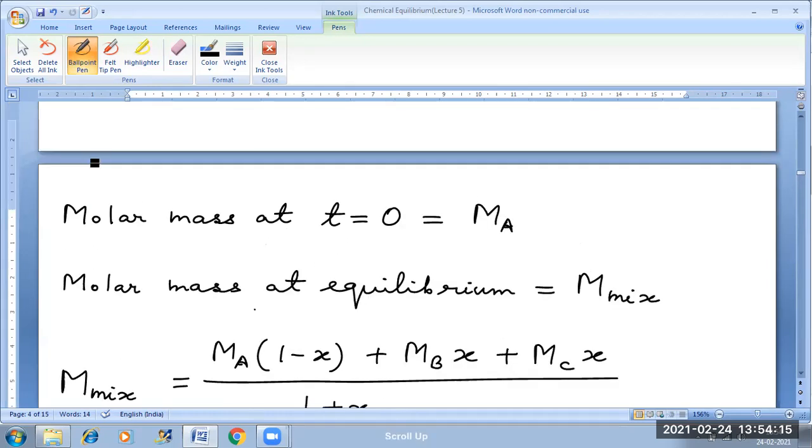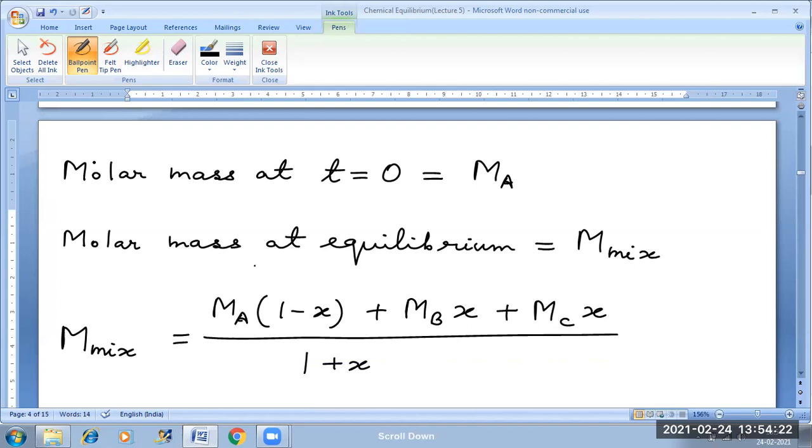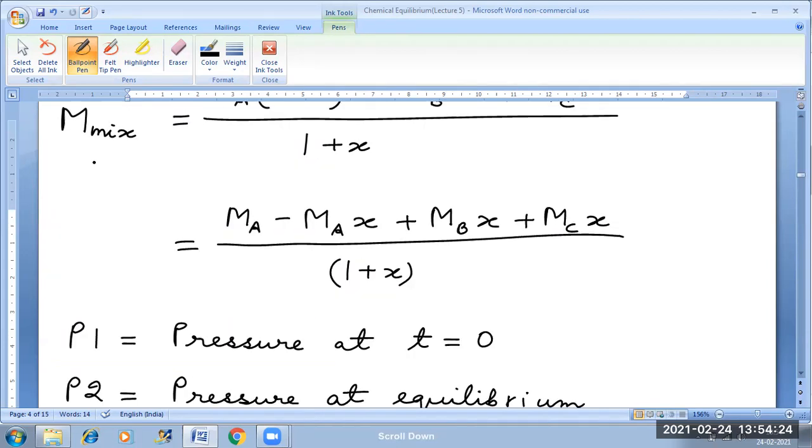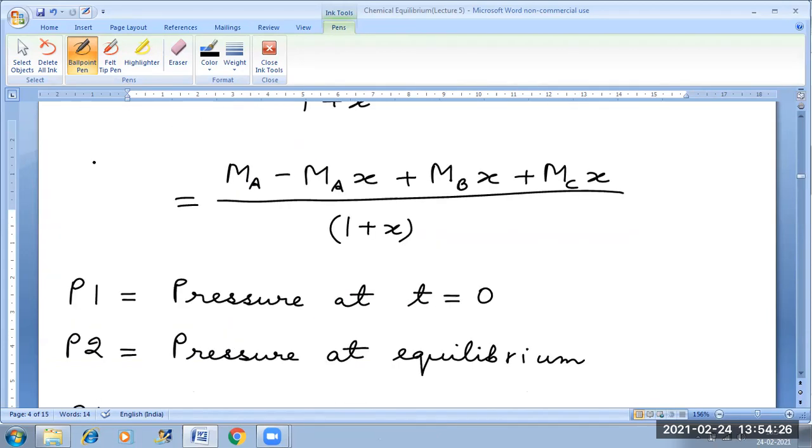And initial molar mass was what? Ma, because only A was present. Let P1 be the pressure at T equal to 0, that is only when A was present. And P2 is the pressure at equilibrium when we have a mixture of A, B, and C.